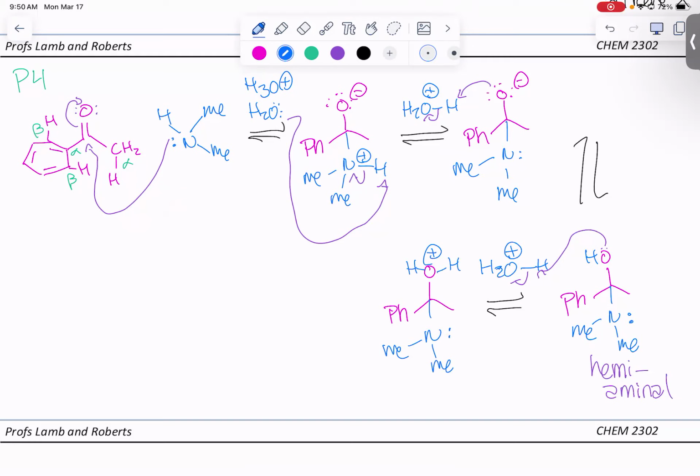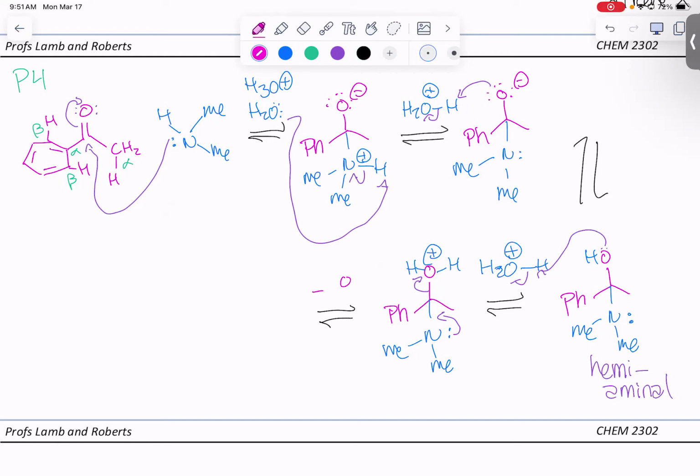This is the same intermediate we saw before in imine formation. We're going to again use that lone pair assisted removal of our water. The nitrogen lone pair is going to assist the leaving group, that's water.